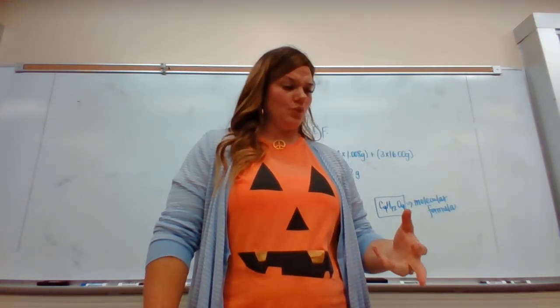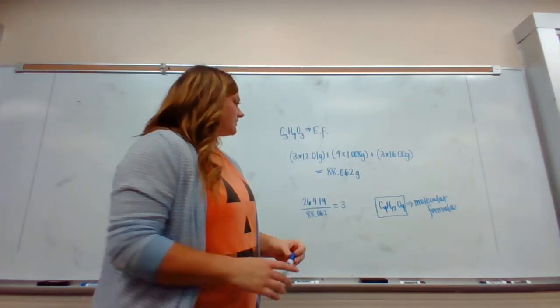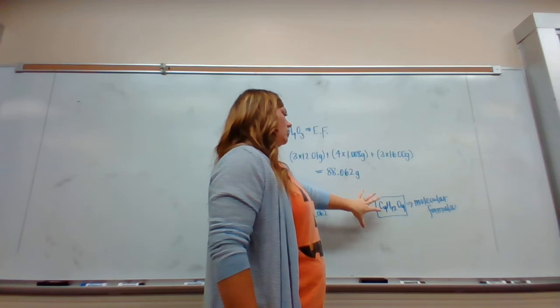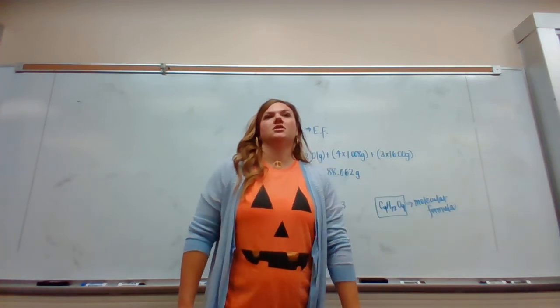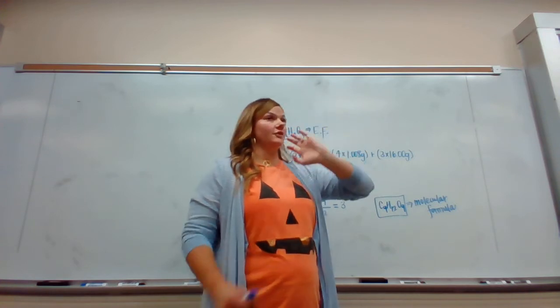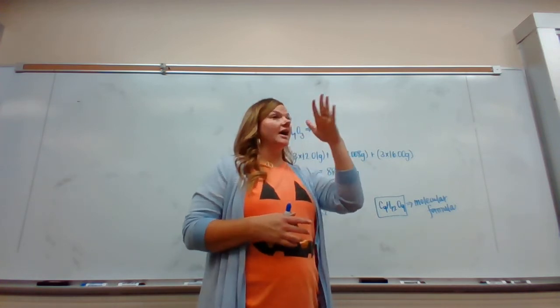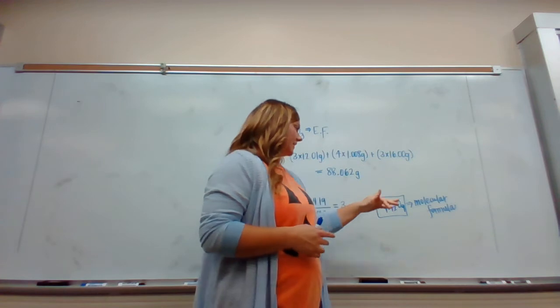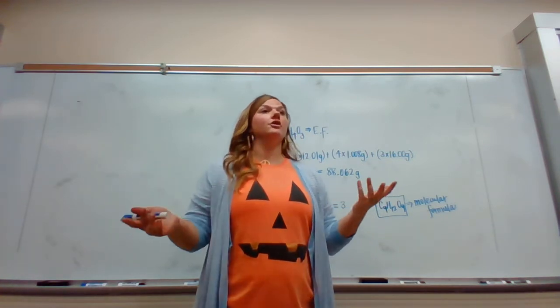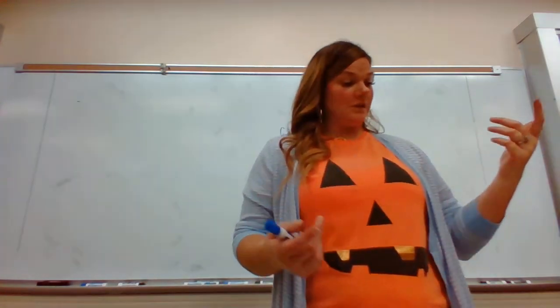So, for example, what if I gave you this formula and I said, what is the percent of carbon in this formula? You say carbon's parked over the whole thing. So 9 times carbon's mass divided by the entire mass times 100. And y'all are familiar with that from lab as well.